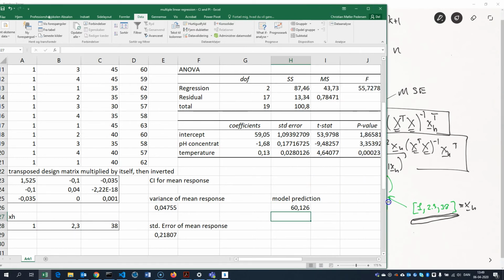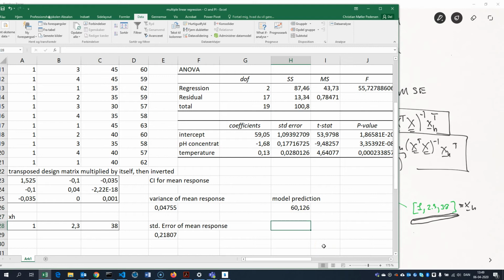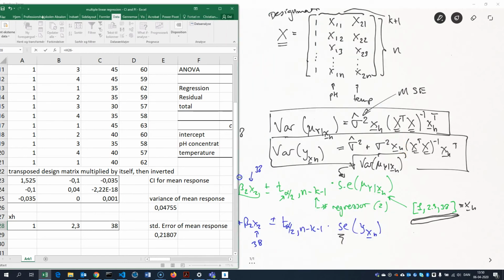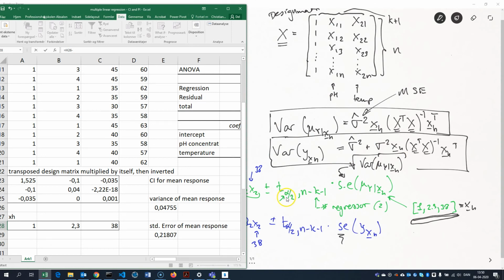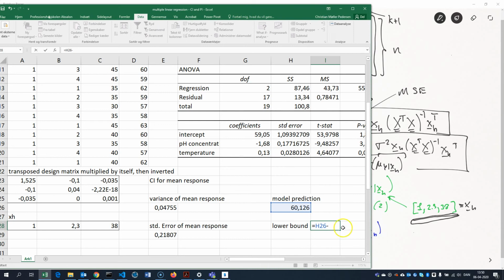And then we can compute the lower bound of the interval. That's just this number, which is the center of the interval, minus, and then we need the t quantile. I think we have the formula here. Yes, t quantile, and let's just do a 95%, and we have n minus k minus 1 degrees of freedom. So I'll write t inverse 0.975.